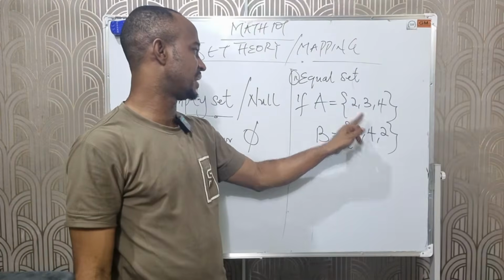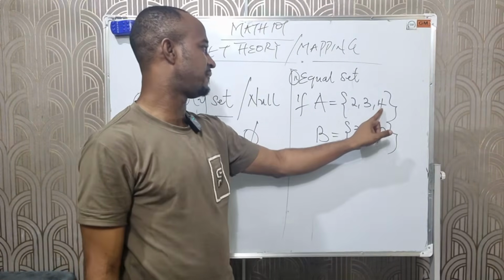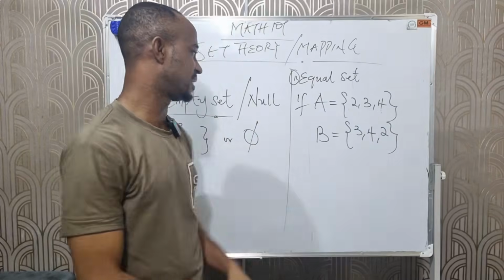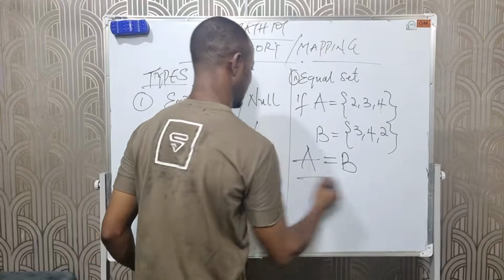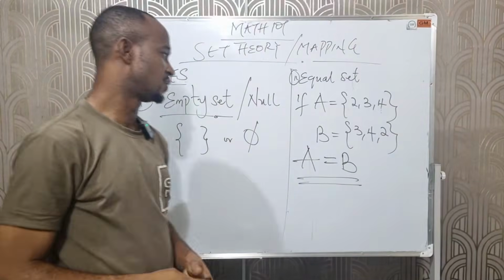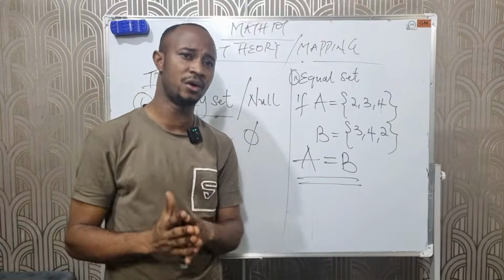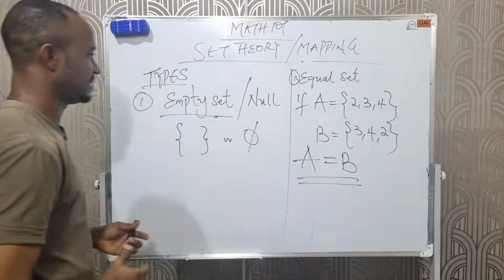We have 2 in set A, we have 2 in set B, we have 3 in set A, we have 3 in set B, we have 4 in set A, we have 4 in set B. That means that set A is equal to set B. So 2 sets are said to be equal if they have the same elements.